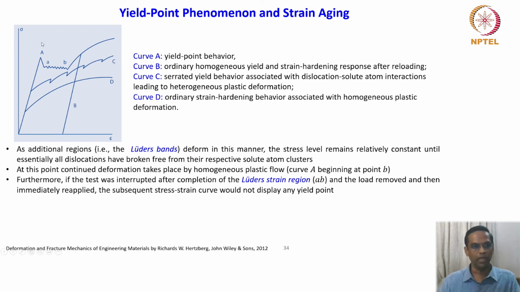We have already discussed this in the previous slide, but here it is shown as a schematic. So just after the yield point elongation, if you unload and then quickly reload, this band will not reappear. But if you heat it, it will reappear. That's the point you have to remember.